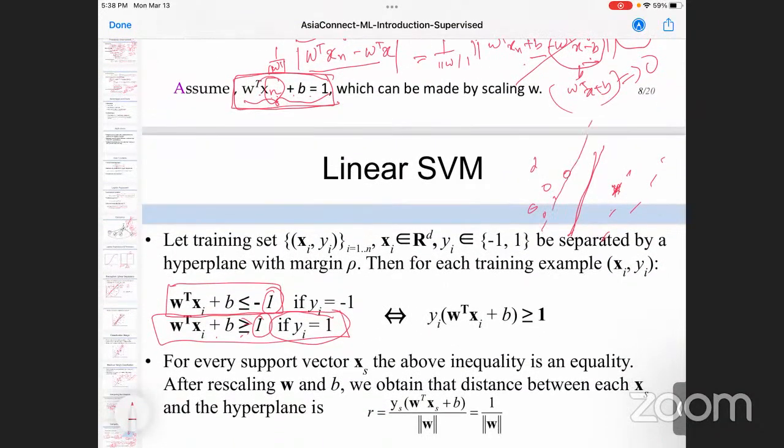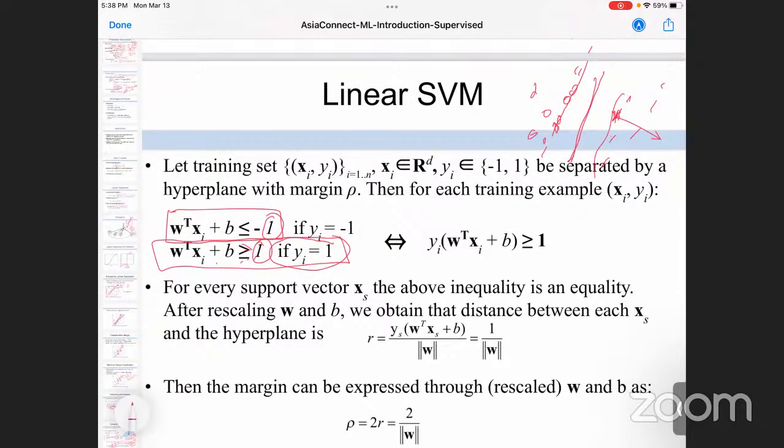So all the points here are greater than or equal to 1, all the points on the other side are less than or equal to -1, and on this line, all are equal to 1. That's our assumption.